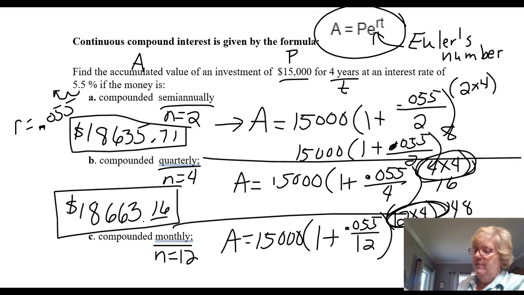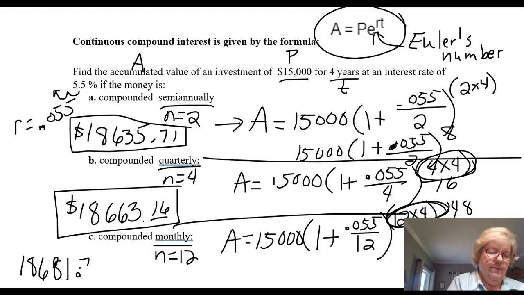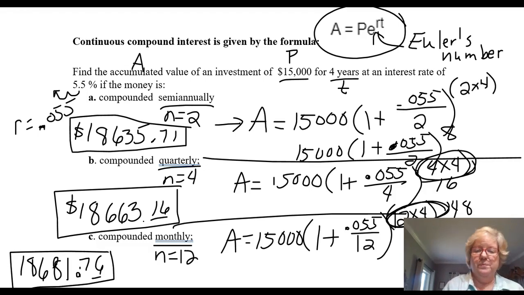Let me type that in, 15,000, parentheses, 1 plus decimal 0.055 divided by 12 is my fraction bar, close parentheses, exponent key, 48. And that will give me $18,681.76, a little bit more.